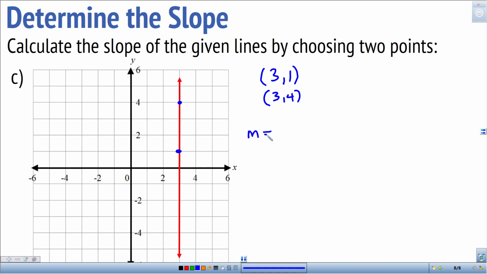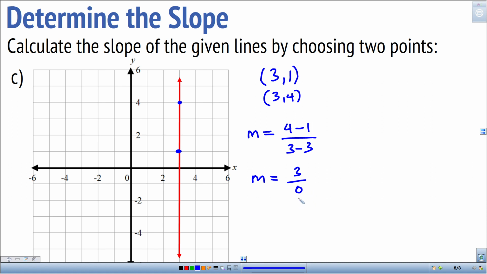Now, let's calculate the slope. Again, we subtract the 2 y numbers here, 4 and the 1. So 4 minus 1. And then we do 3 minus 3. So the 0 now is on the bottom. 4 take away 1 is 3. And then 3 take away 3 is 0. When you do 3 divided by 0 on a calculator, I invite you to try that out.